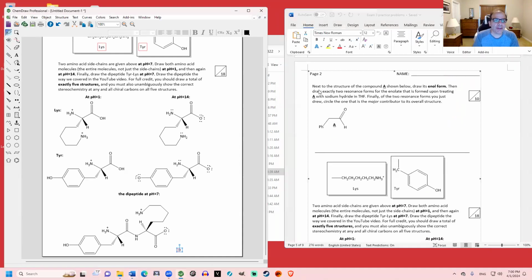Good, so I'll replace that on Canvas. That was incorrect. You can see the CH2 on the side chain right here. And I forgot that in the original answer key.